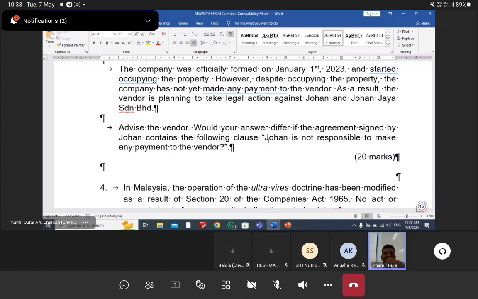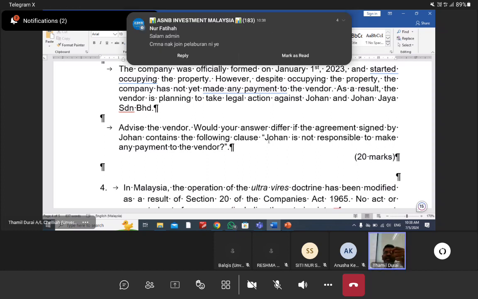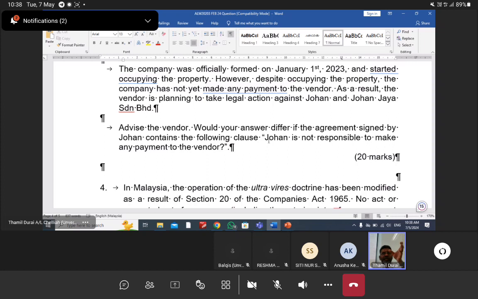I think you have done terms of contract, exclusion clauses, excluding liability in contract. When you are doing an exclusion clause, the proferens, the person creating the exemption clause, must clearly state what they are exempting. Here it is very subjective. You say Johan is not responsible to make payment for what?